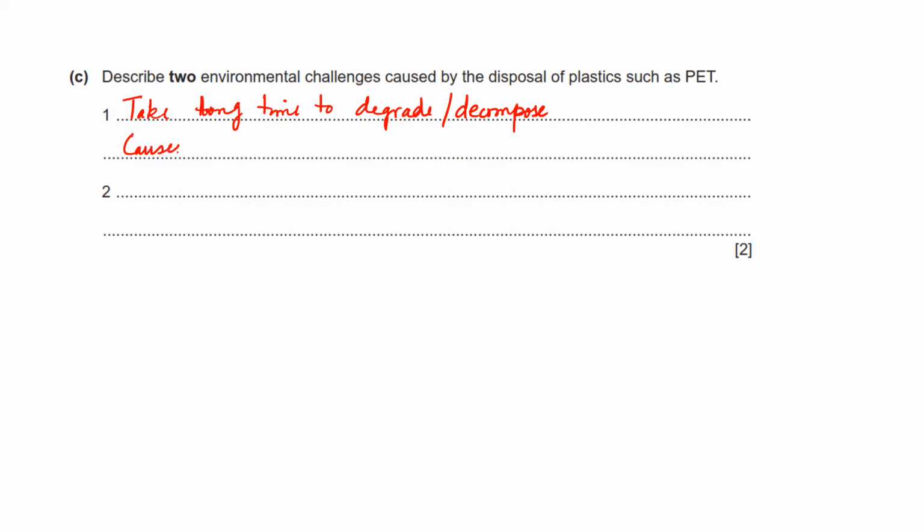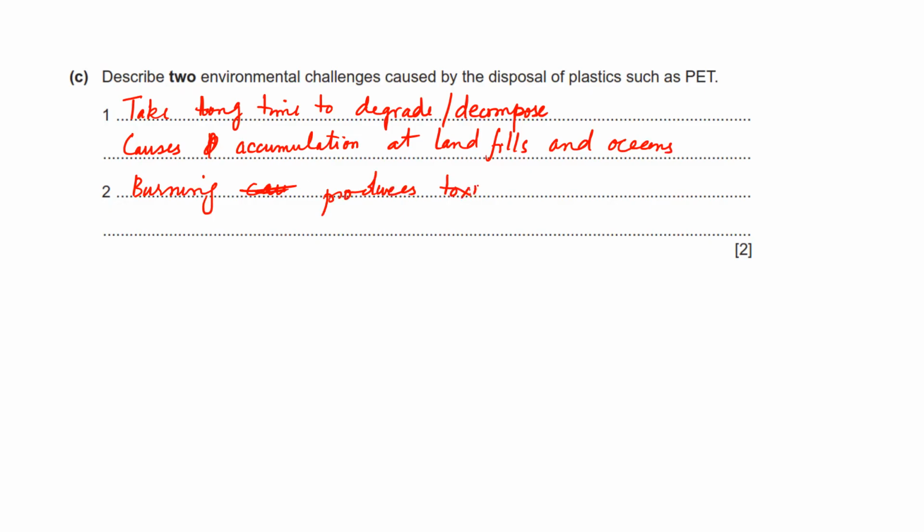This causes accumulation at landfills and oceans. Also, burning them produces toxic gases. Out of these points, you can write any two, and I think that you'll get the complete grade for that.